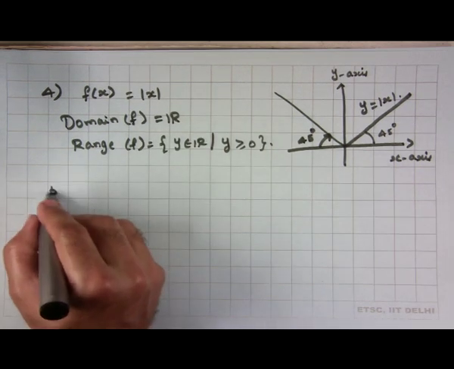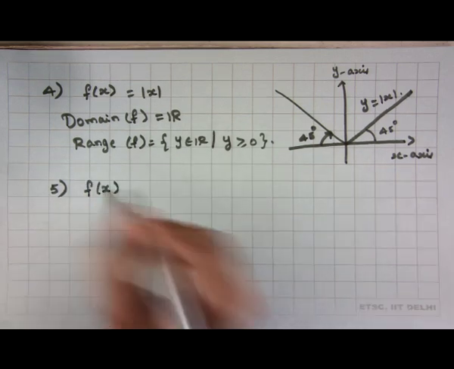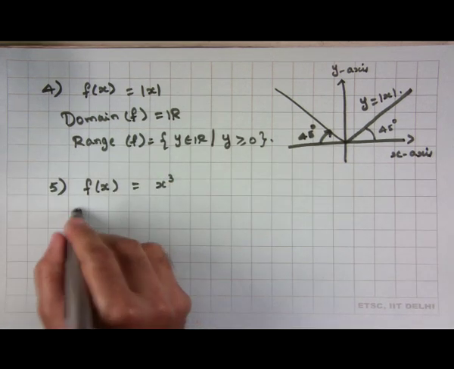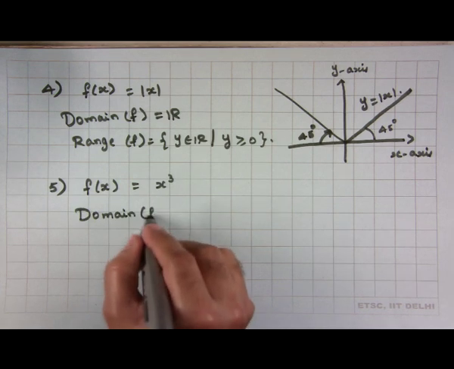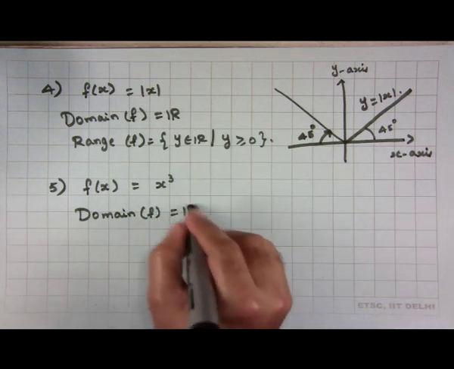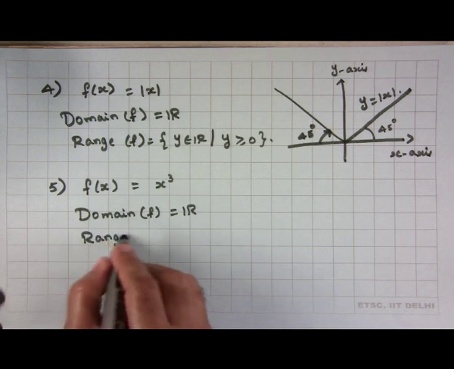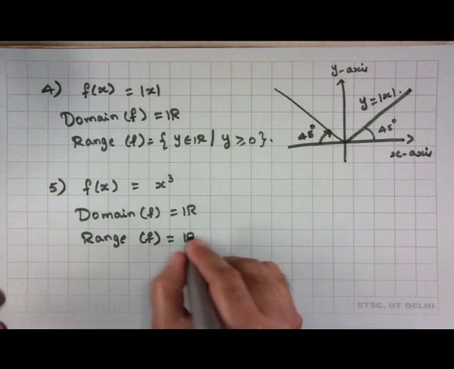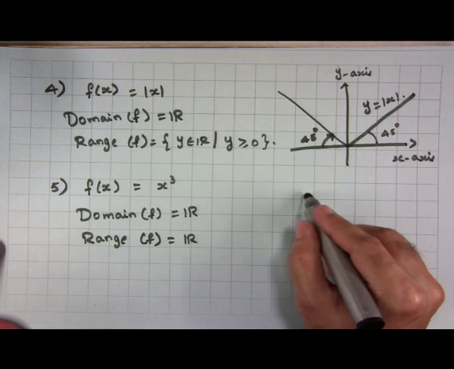The next one, let us look at one more thing, f x equal to x cube. Here the domain of f is the whole of R, and again the range of f, one can verify, is also going to be the whole of R. Now let us look at the graph of this function.